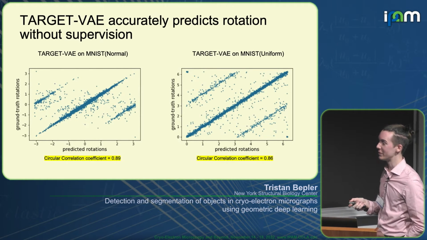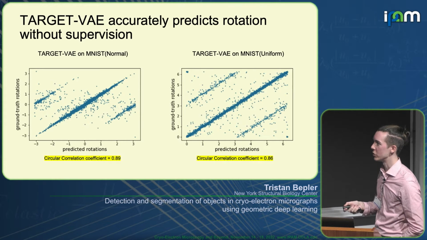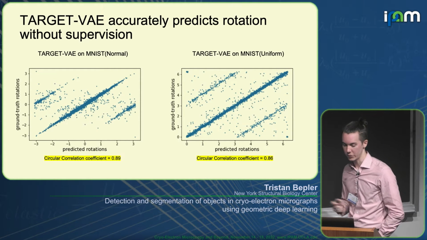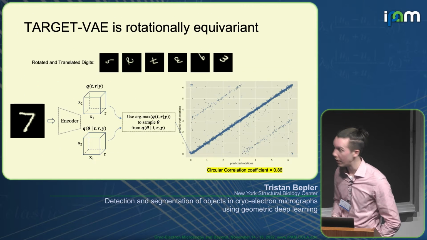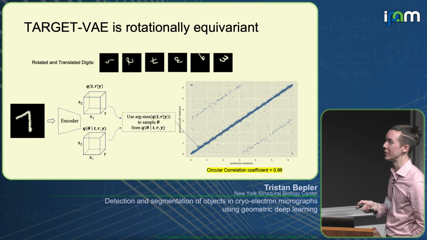But when we use this equivariant encoder, our results improve dramatically. On the normally rotated data set we have a huge improvement in our ability to predict the rotations, and it also now works on the uniformly rotated data set, predicting the rotations very accurately.